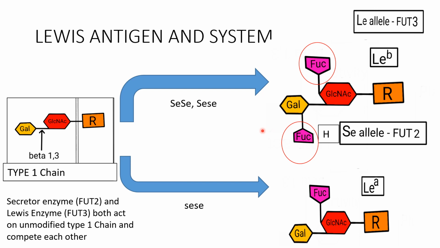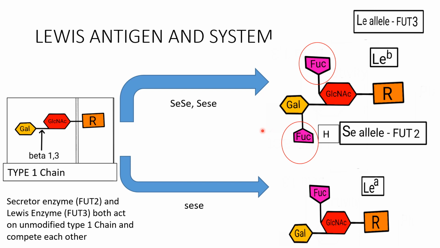So this is known as the Lewis A system. When both fucoses are added, one from the H antigen and one from the Lewis gene, it is known as Lewis B. And similarly, if only the secretor is absent, so you cannot form an H antigen in the secretion, but your Lewis gene is active, then you form the Lewis A antigen.